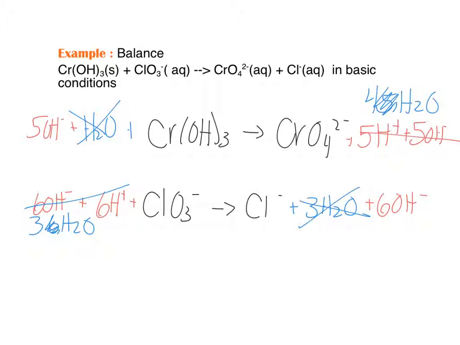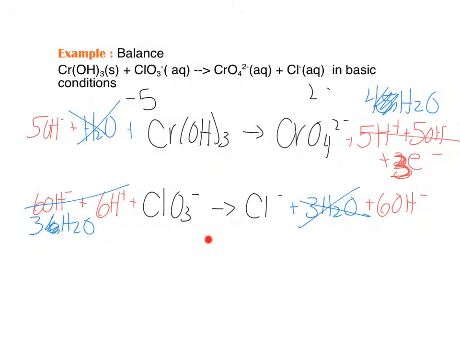Okay, so now we just need to balance for charge. What I'm looking at in the reactants over here is a 5 minus overall. And in our products, it looks like just a 2 minus. Therefore, we need to add 3 electrons to the product side.